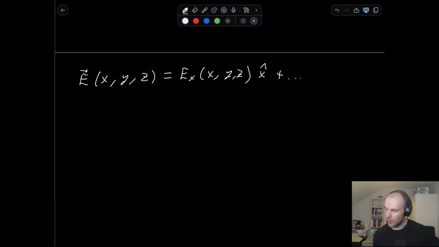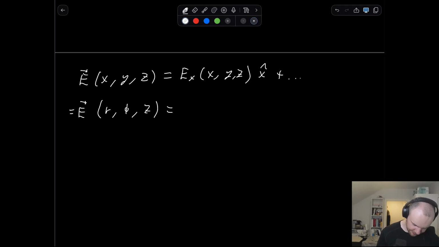But now I want to describe the same vector field with cylindrical coordinates, so I should be able to do the exact same thing. The coordinate system doesn't care. If I get to the point using a cylinder or a sphere or Cartesian coordinates, that doesn't matter. I get to the same point. That's what matters. So this is the same as r, phi, and z, and I need to describe this the same way. So E of r, phi, and z, and now in the r hat direction, and so on. So how do I do that?